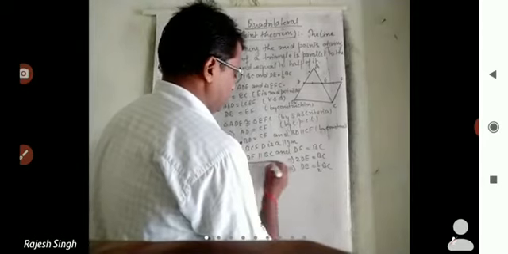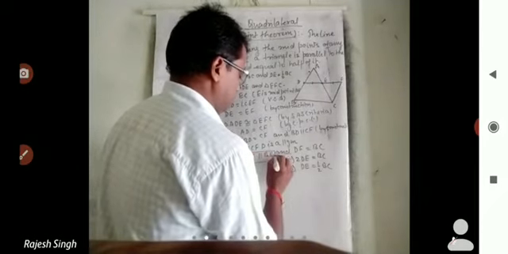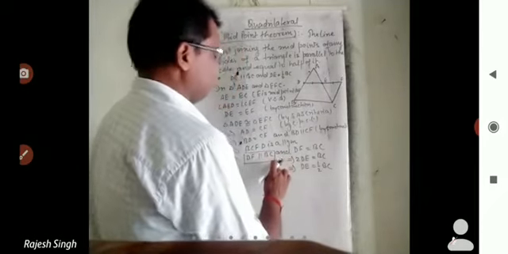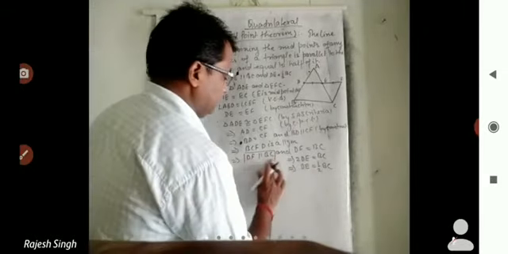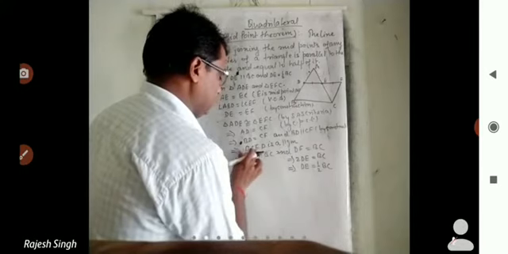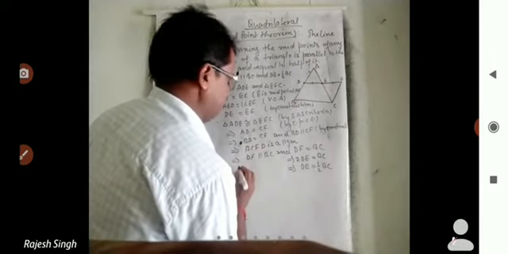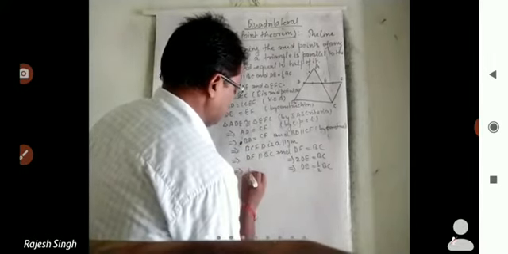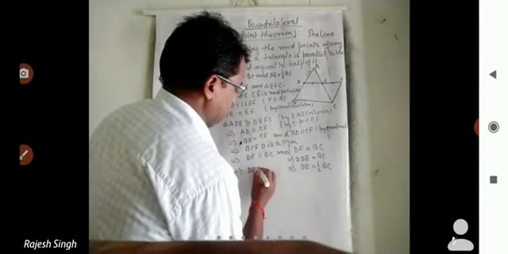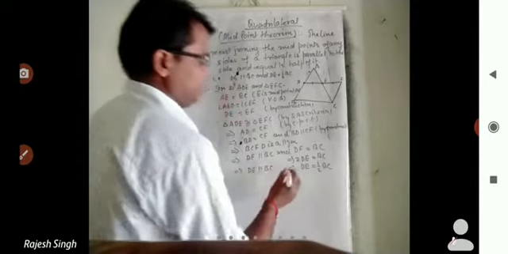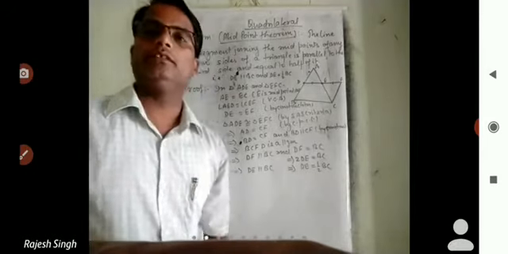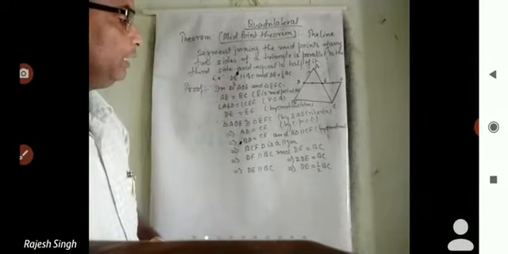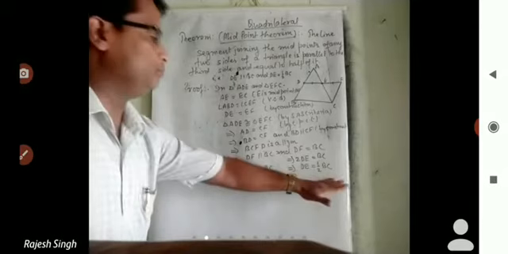Then here we want to prove DF is parallel to BC. DF is parallel to BC. Then we can write here DE is also parallel to BC and DE is equal to 1 by 2 BC.